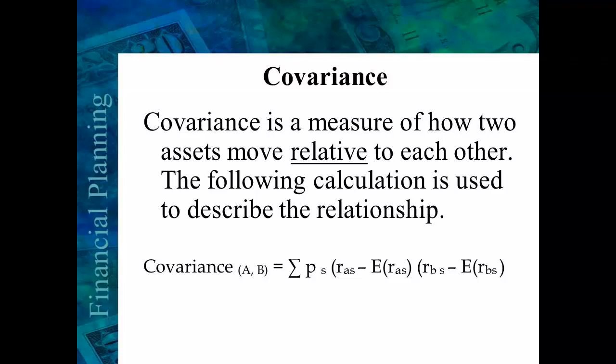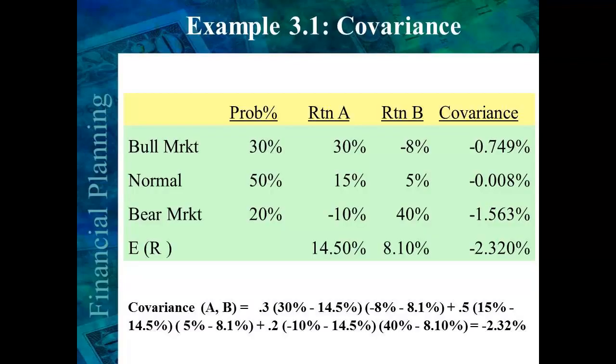Let's now work an example so that the process becomes crystal clear. Consider the following table of information. You notice that there are three scenarios: a bull market, normal market, and a bear market. The probability of each scenario occurring are 30%, 50%, and 20% respectively.